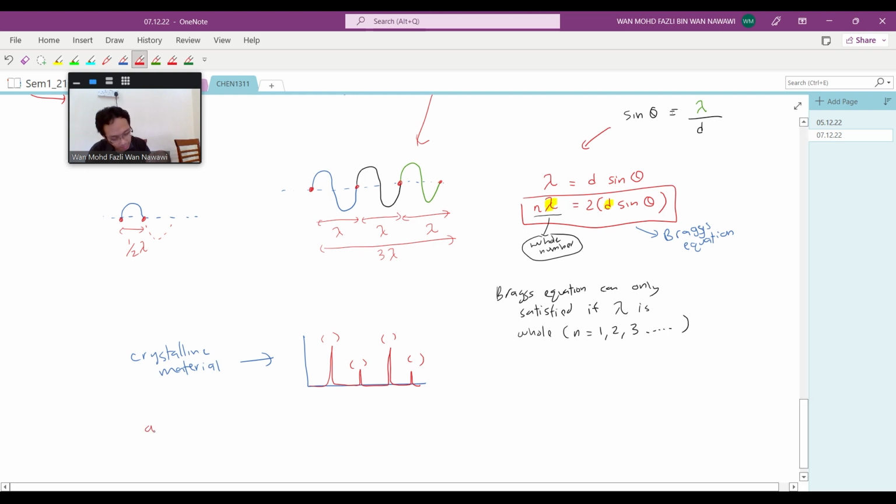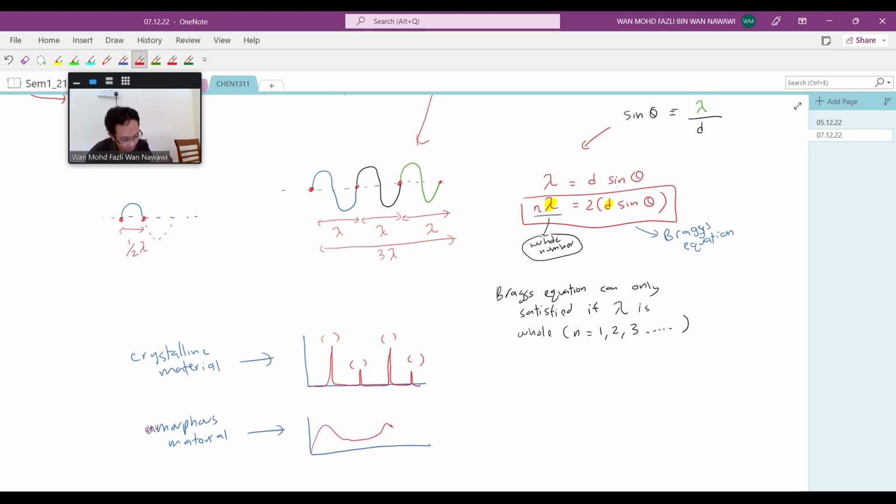But if you have amorphous material, you get something not like that, maybe something like this, something broad.